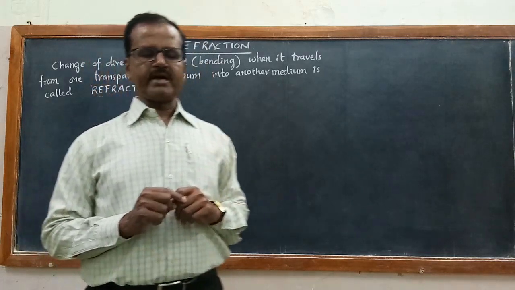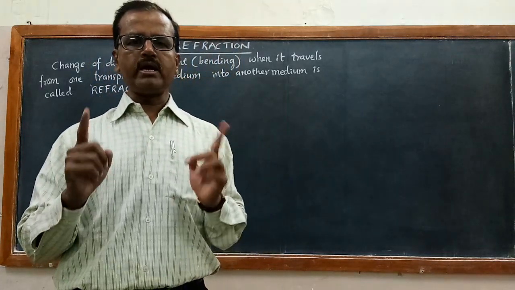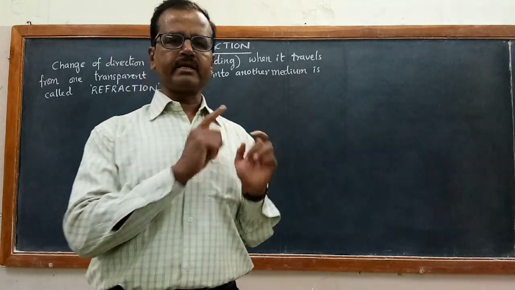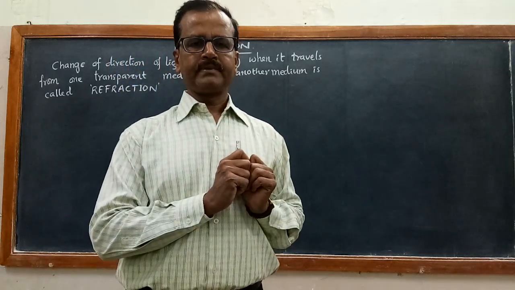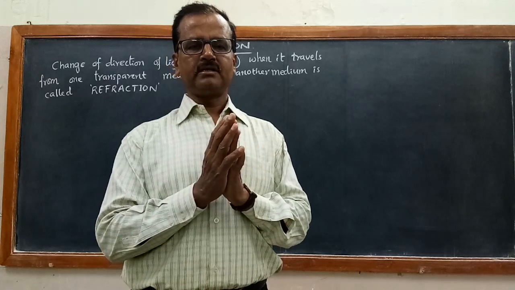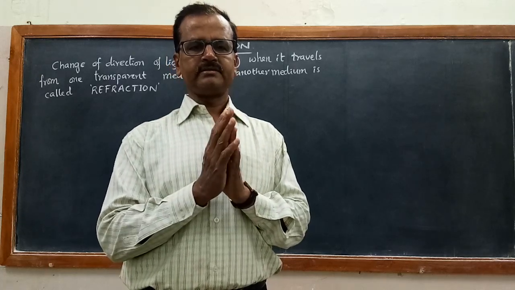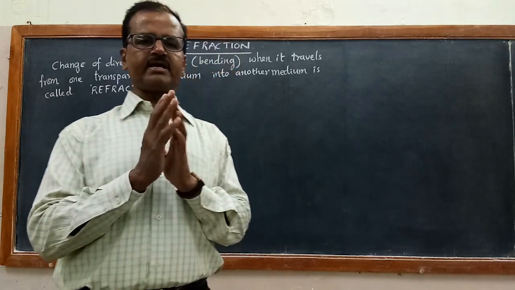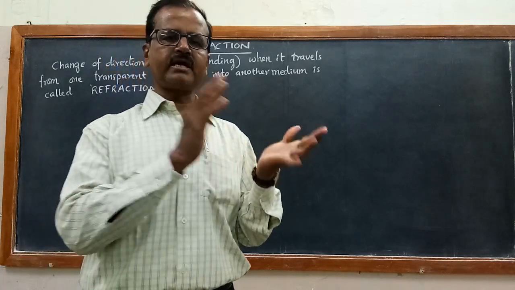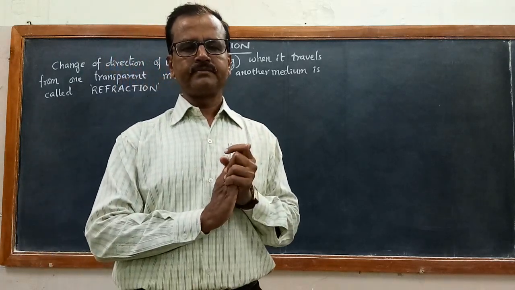When a ray of light enters from one transparent medium into another transparent medium, there is a change of path of the light. There is a change of direction of the light inside the other transparent medium.